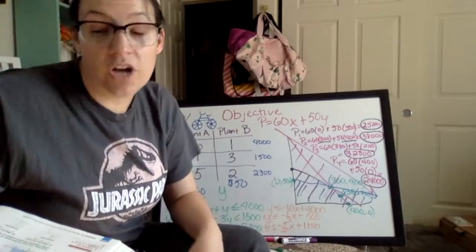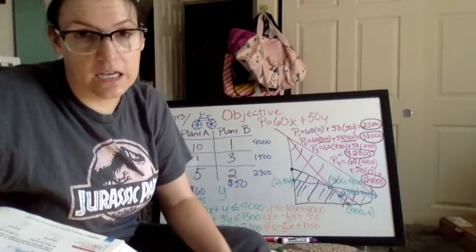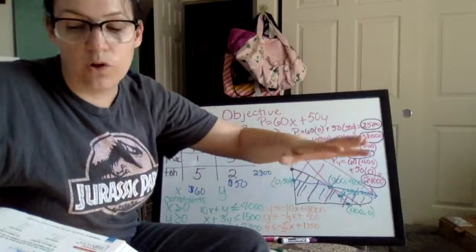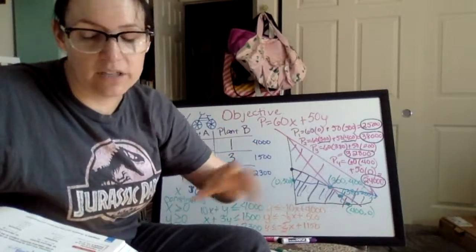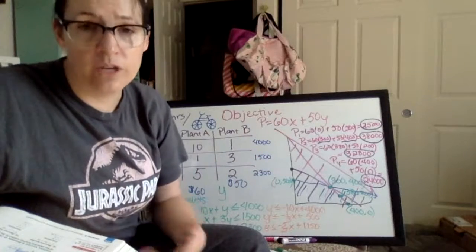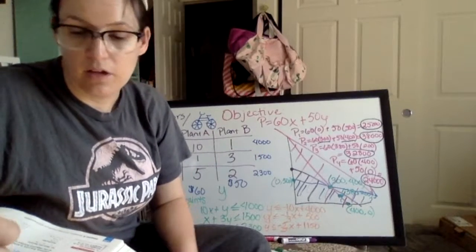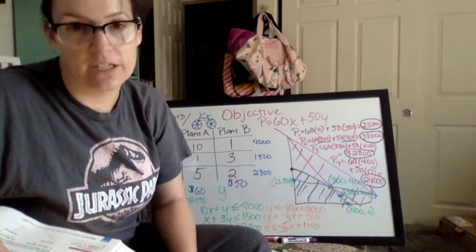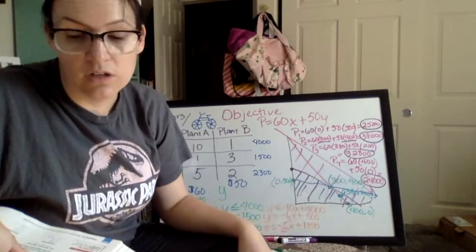So like in number 9, it says C equals X minus Y, and then there's a graph where you can see they've graphed inequalities and shaded in a region, and it made a shape.